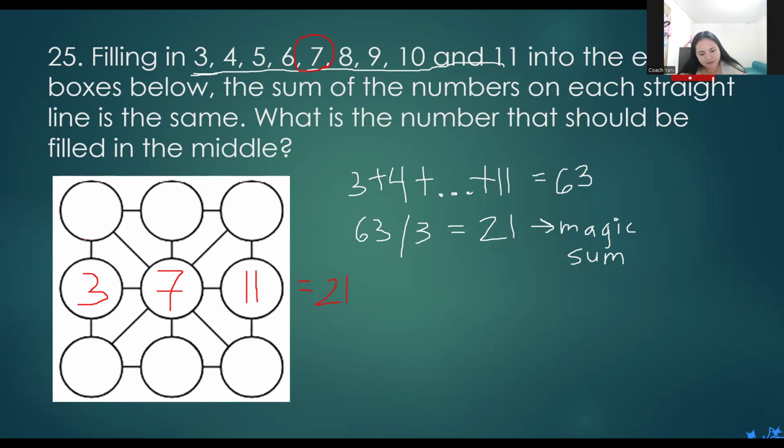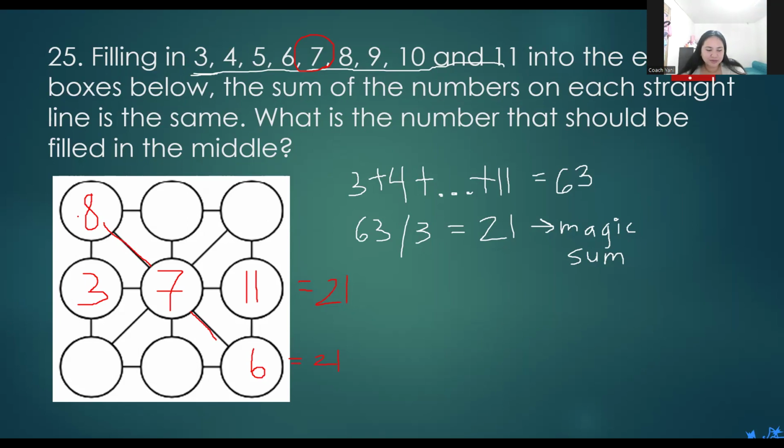So you have here 6. And what's the missing? 8. Right? So if you total the diagonal, what's the answer? Is it 21? Is that the magic sum? Yes, it's 21 still.